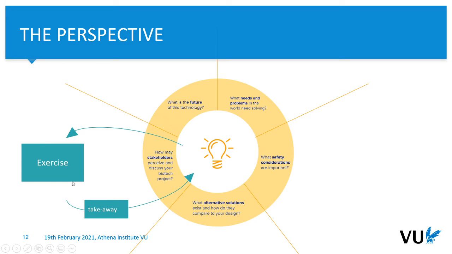What does this mean for your design of your biotechnology? What can you already design within your biotechnology, but also within the monitoring of its growth or at the market's aftercare once it has been sold? So what can you design to make it an optimal product?